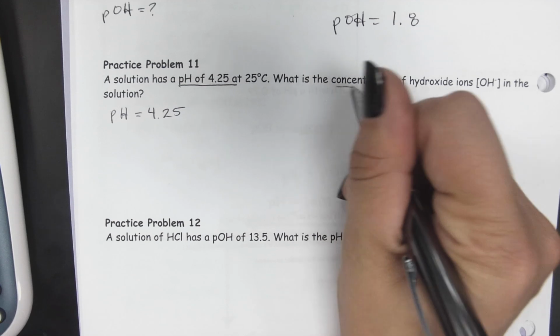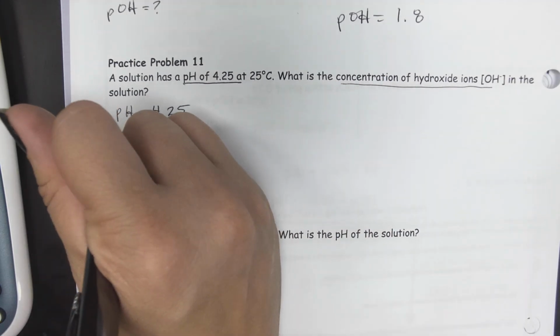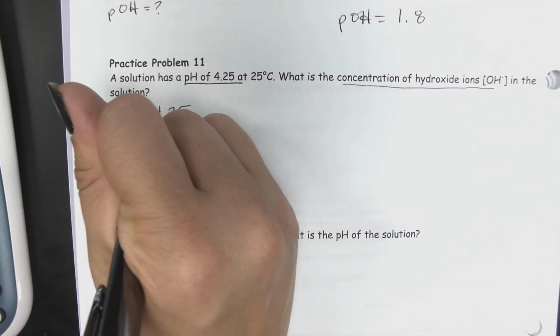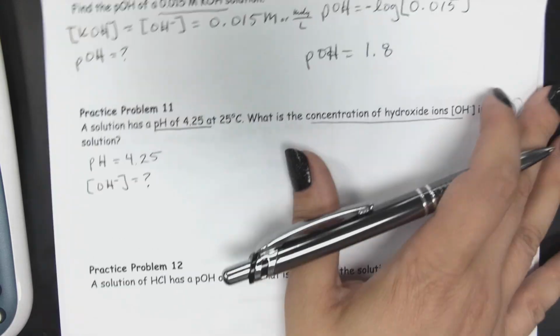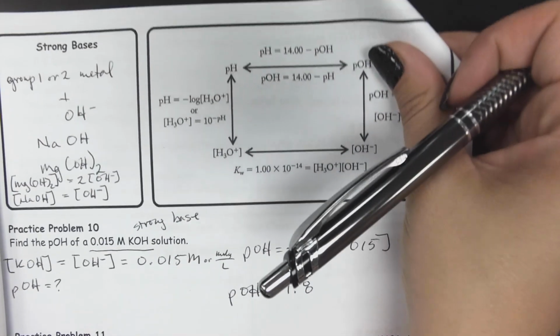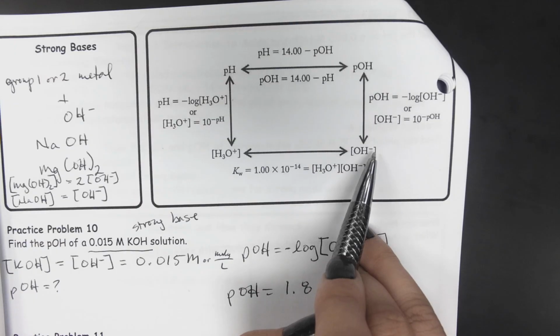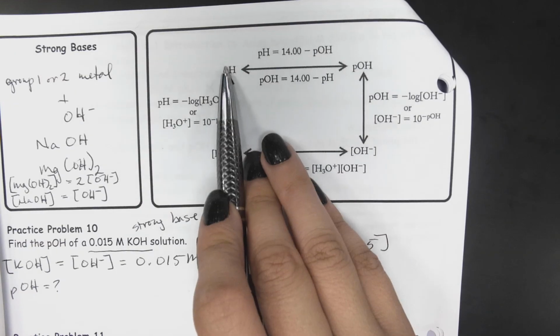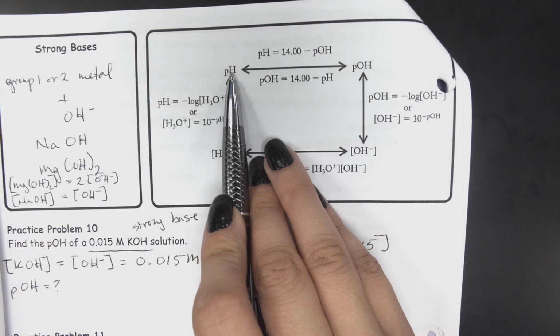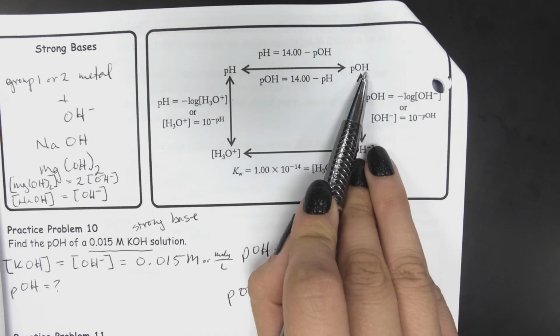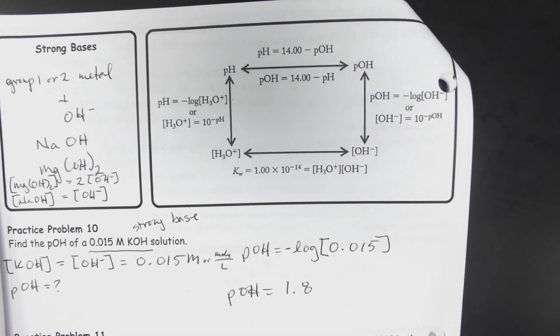What is the concentration of hydroxide? So we're trying to figure out the concentration of hydroxide. In this map here, we're given the pH, and we're trying to get to OH minus. To get to OH minus, we need to change this pH into pOH, right?